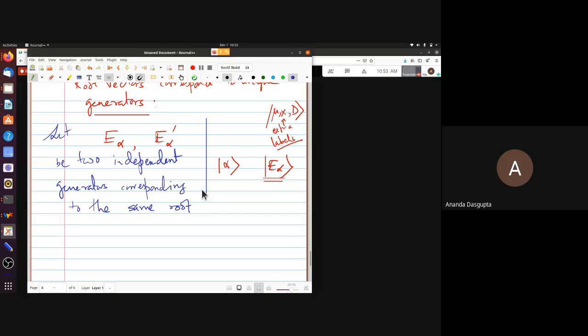Of course, when you say two generators, E alpha and 3 times E alpha doesn't count, right? Any multiple of an eigenvector is always an eigenvector. So you're saying there are two independent generators corresponding to the same root, alpha. And because they're independent, even if they were not orthogonal to begin with, you can always orthogonalize them and choose them in such a way that you get 0 for this.